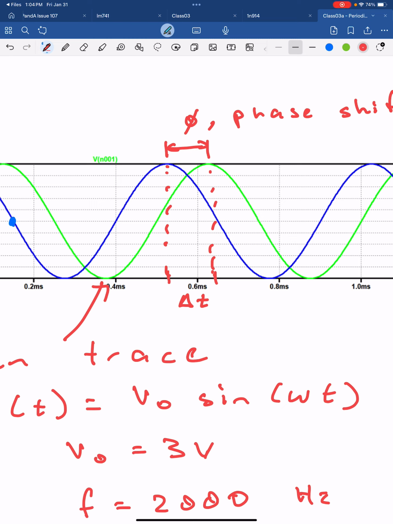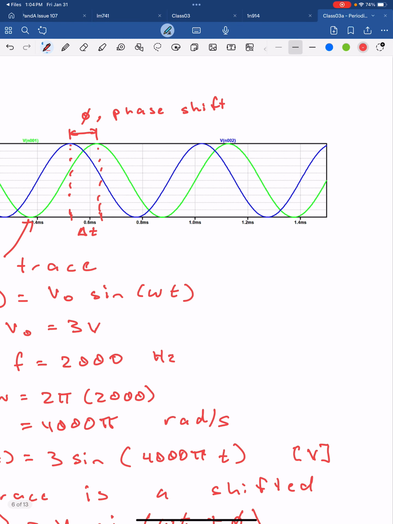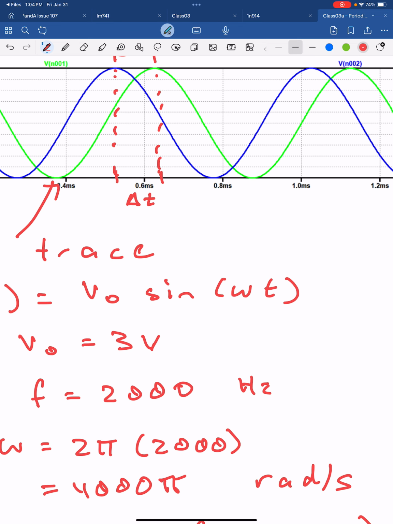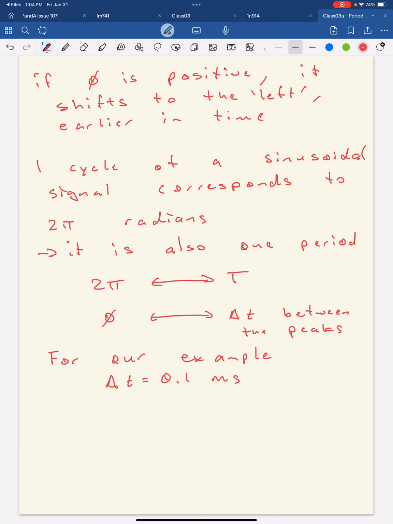It is 0.1 millisecond because I said it, but if we're eyeballing it, we can use whatever approximation we get. In this case, delta t for our example is 0.1 millisecond, so we can write that on our plot. And we know T from previous work was 0.5 milliseconds.